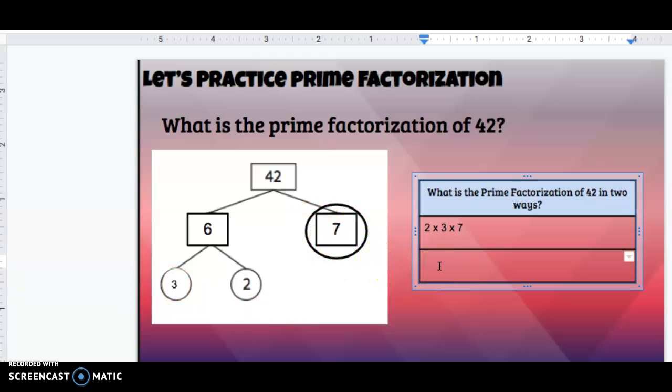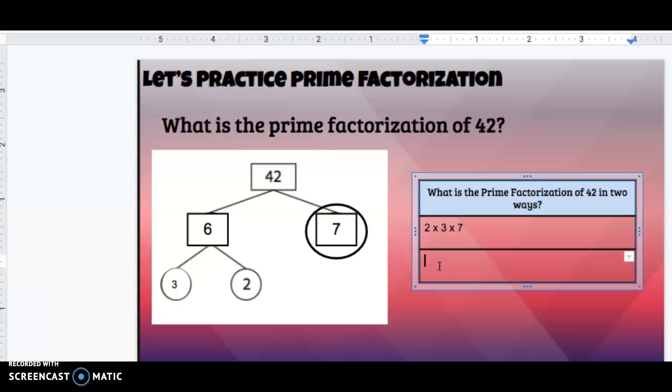Now, I can't put 2, 3, 7 to whatever power I feel like putting there. I'm not allowed to. The only way to make it an exponent is if it's repeated multiplication of that same number. There is no repeated multiplication of the same number for 2 times 3 times 7, so there's not another way we can write this.